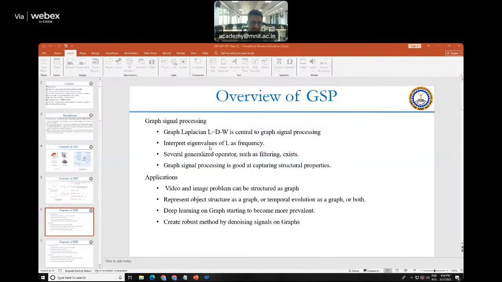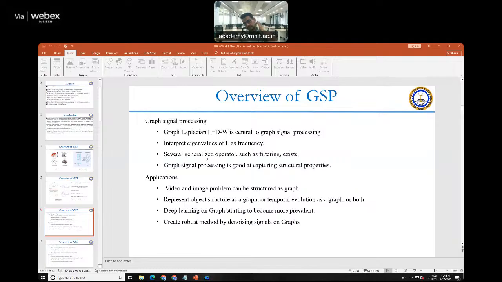from the slides it would be difficult. So when we are able to define the frequency concept for a graph signal, then we are able to define another concept like filtering. So what do we say? That the graph signal is good at capturing structural property. What do you mean by the structural property?